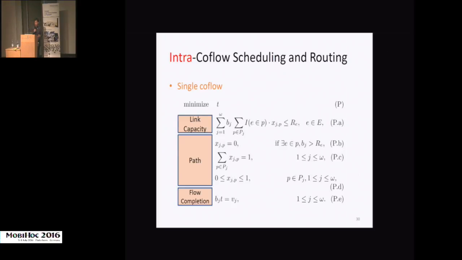Here, we kind of play a trick, and we enforce all of the flows within one Coflow to be completed simultaneously. Note that this is not harmful to the Coflow's performance, because remember, the Coflow's completion is determined only by the last flow to complete.